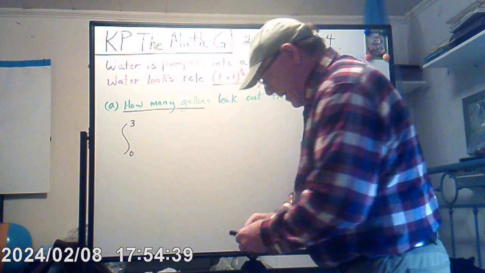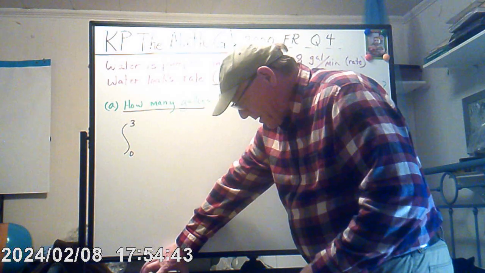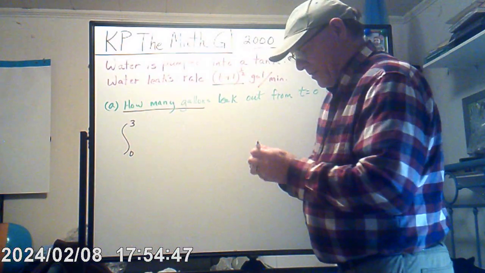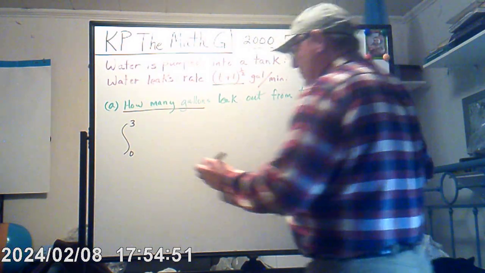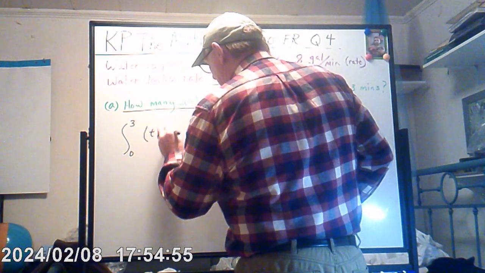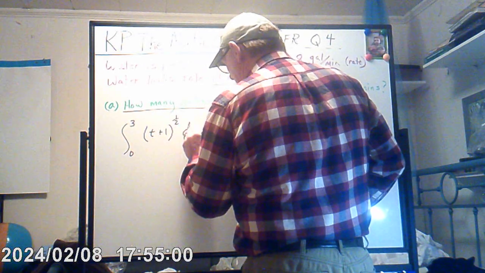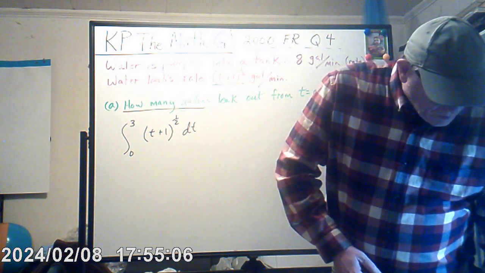Let me get another color, my ink is starting to fade on me. Alright, so here we go: the integral of the square root of t plus 1, (t plus 1) to the 1/2, dt. I do believe that was the problem itself.